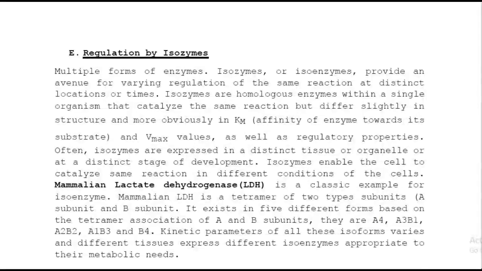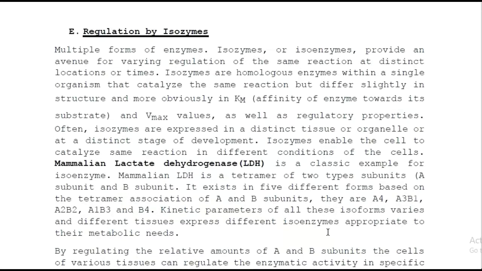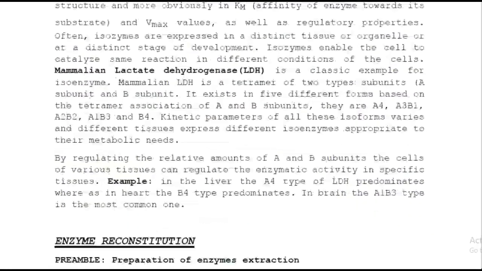And lastly, we have regulation by isoenzyme. I remember in class I gave you an example of lactate dehydrogenase. In various body parts, we have different lactate dehydrogenase, because they have different subunits, and different combinations of subunits determine the type of lactate dehydrogenase in a particular section of the body, either in the liver, the heart, or the muscle.